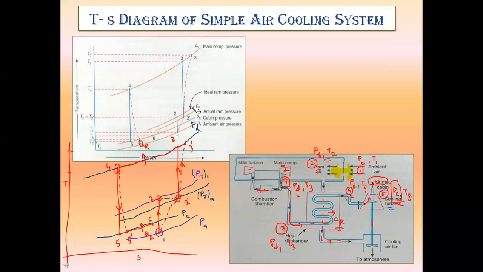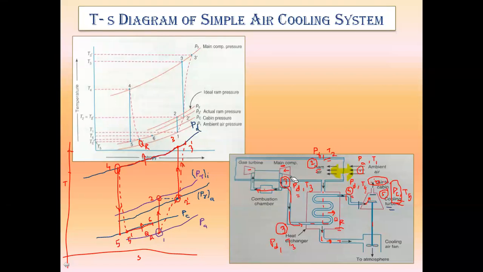P2 is the ideal ramming pressure, and this is the actual ramming pressure. The 1 to 2 dash line indicates the actual ramming process. Here, because of irreversibility, the ramming process will not be isentropic, it will be polytropic.